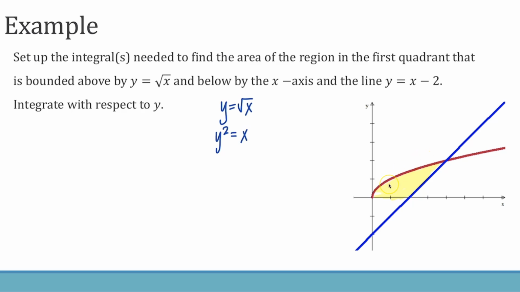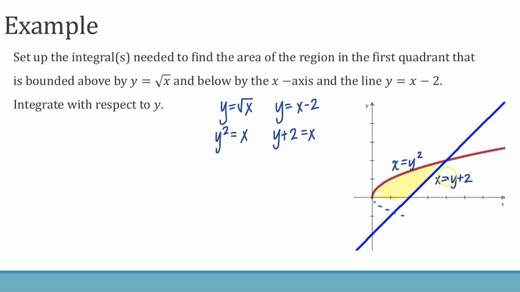So here, the square root function as a function of y is x equals y squared. And obviously it keeps going, but we're not going to have to worry about that portion. And then if I have y equals x minus 2, solving for x, I would add the 2 to the other side. So my line as a function of y is x equals y plus 2.